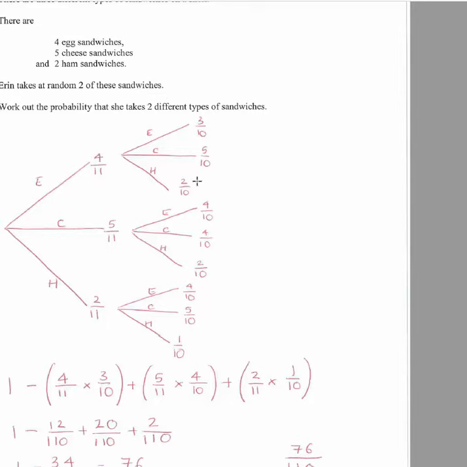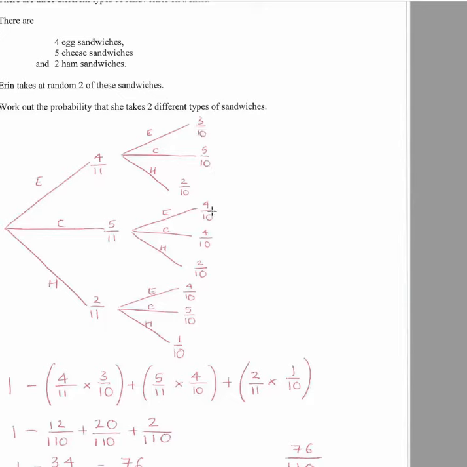There's still 10 in the bag, or the box, or whatever they're kept in. Okay, but if the first sandwich was an egg, now there's only 3 out of 10 that are egg. There's still 5 cheese because the egg was chosen on the first go, and there's still 2 ham, but it's out of 10. So everything on this second go is out of 10 because we've already taken a sandwich.